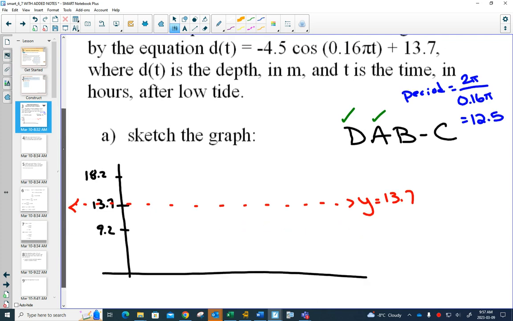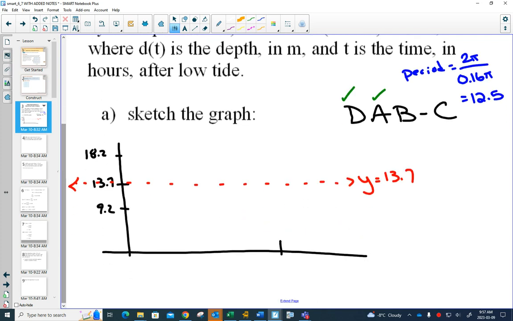Somewhere along my x-axis, I mark 12.5. I divide that into 4 equal sections. Half of 12.5 is 6.25. Half of 6.25 is 3.125. And this would make this 9.375. So divide it into 4 equal sections.